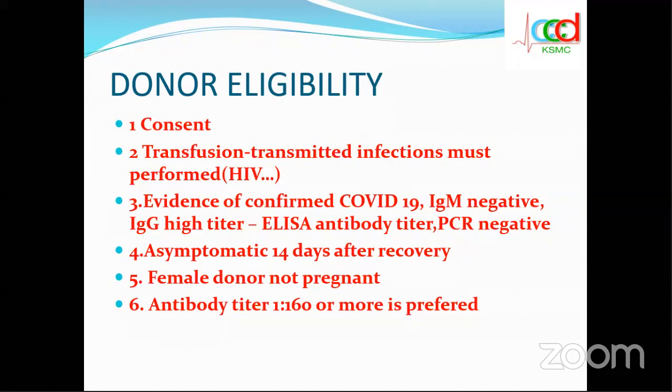So you will take the blood sample from him after 28 days. The female donor can be accepted, but not pregnant. Of course, male and female, but the female donor is supposed to be not pregnant. And the antibody titer you have to measure, 1 to 160 and more. And in a lot of studies, there is 1 to 1,000. So high titers are preferred.